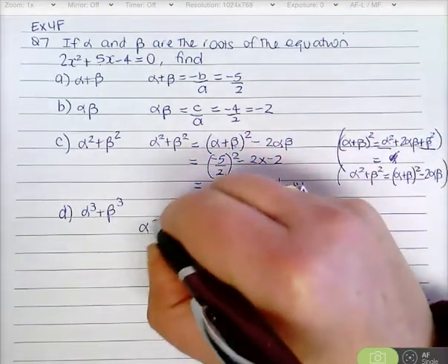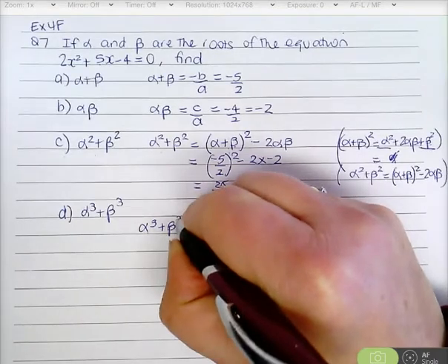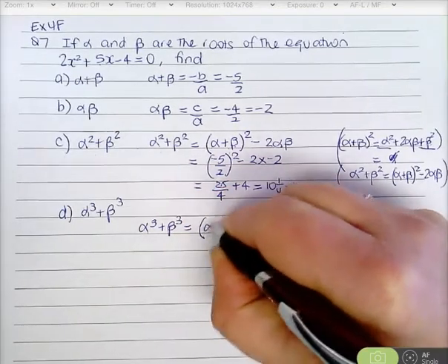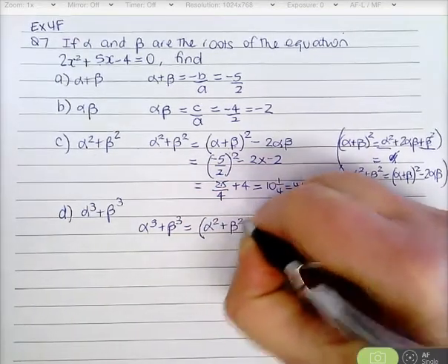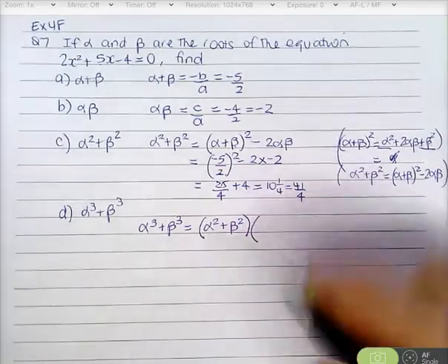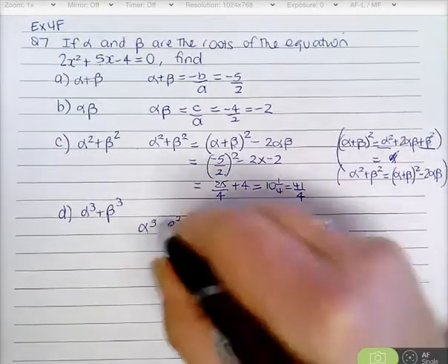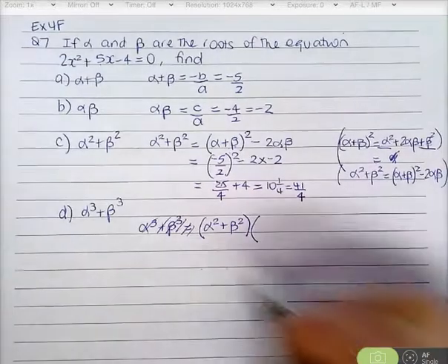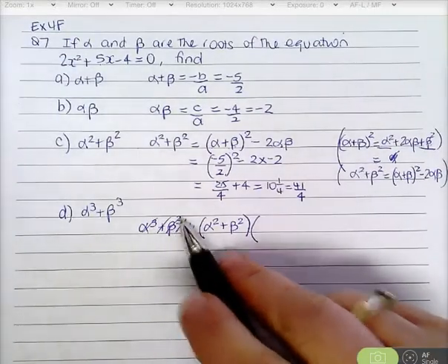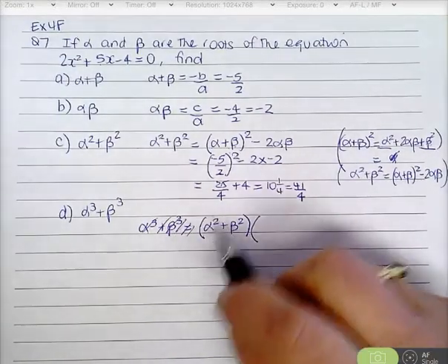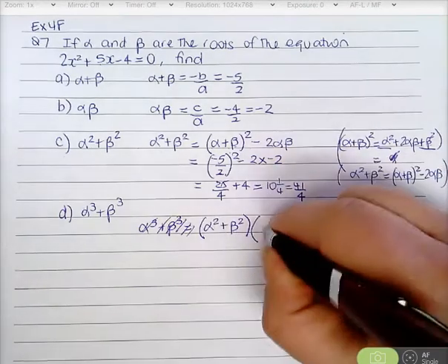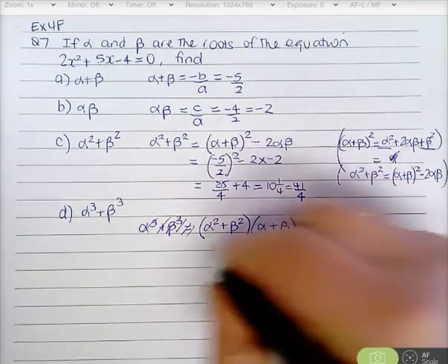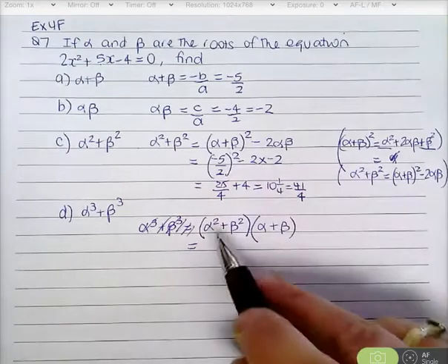So if we just play around a little bit with alpha cubed plus beta cubed, it would more than likely come from alpha squared plus beta squared, and if I multiply that again by alpha plus beta, let me see what that gives me.